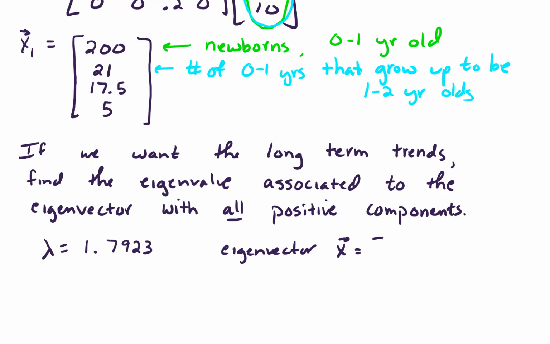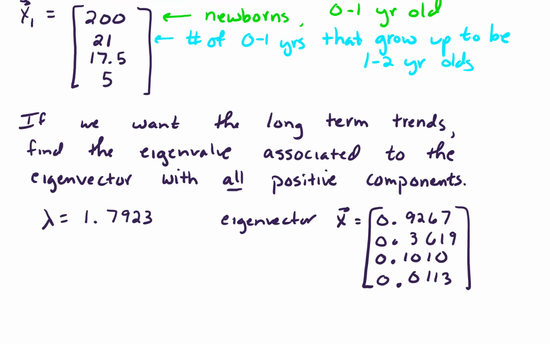So we'll round to 4 digits of precision. We've got a 0.9267, we've got a 0.3619, we've got a 0.1010, and lastly 0.0113.